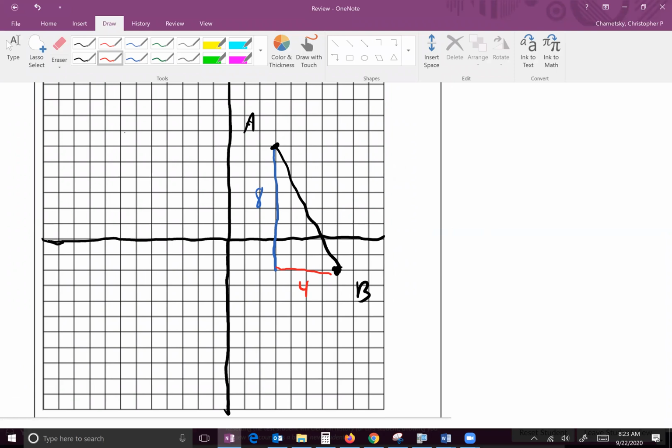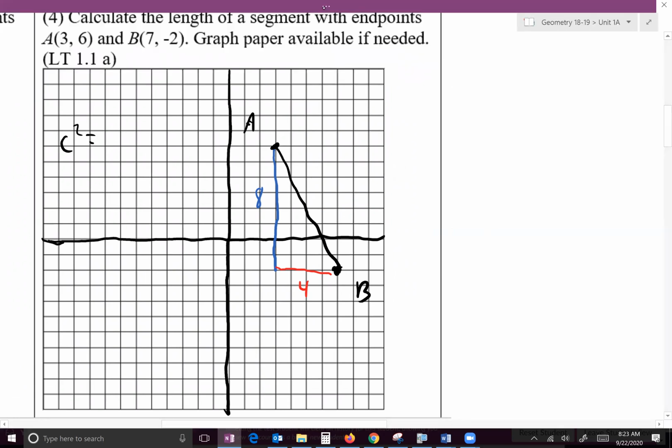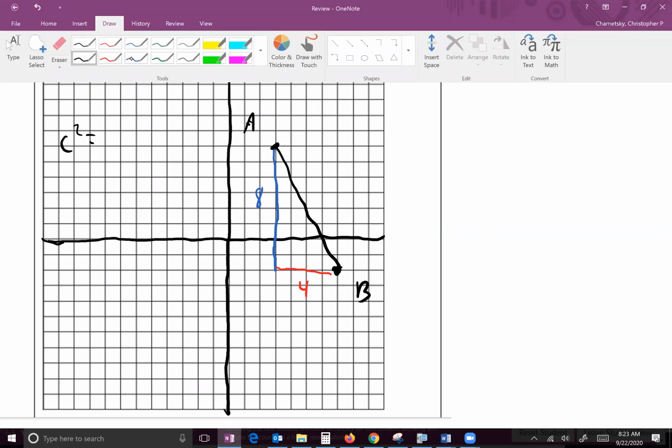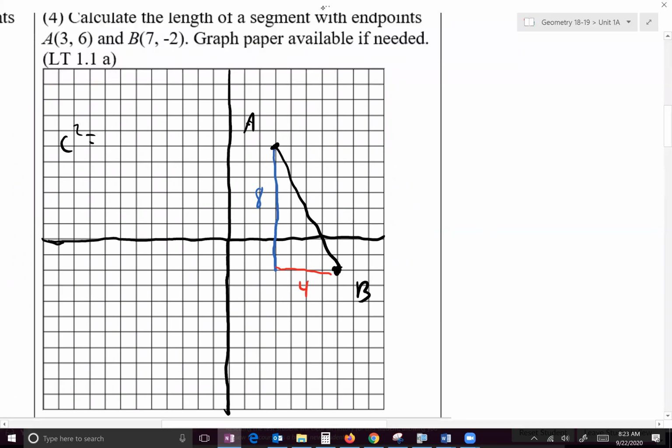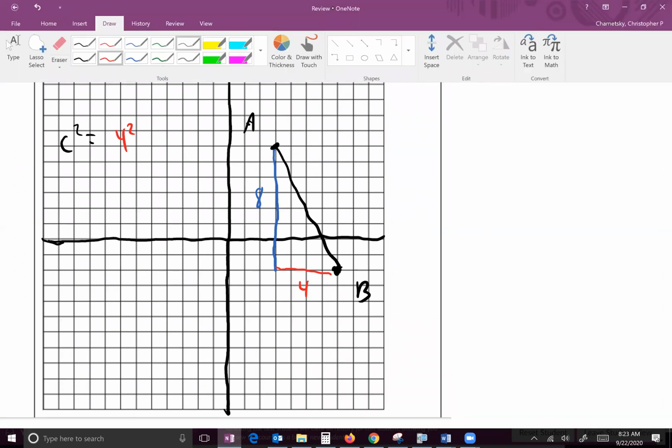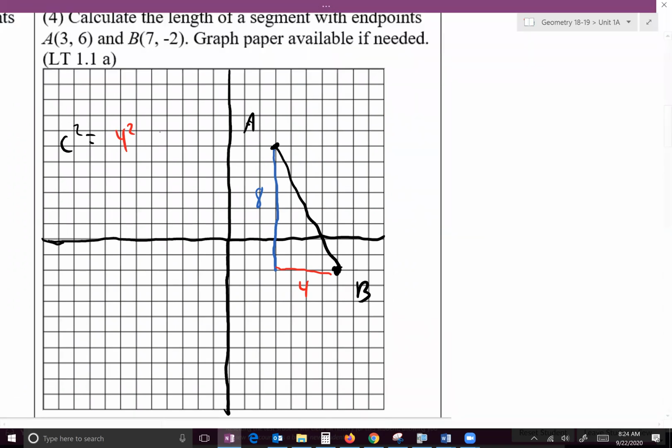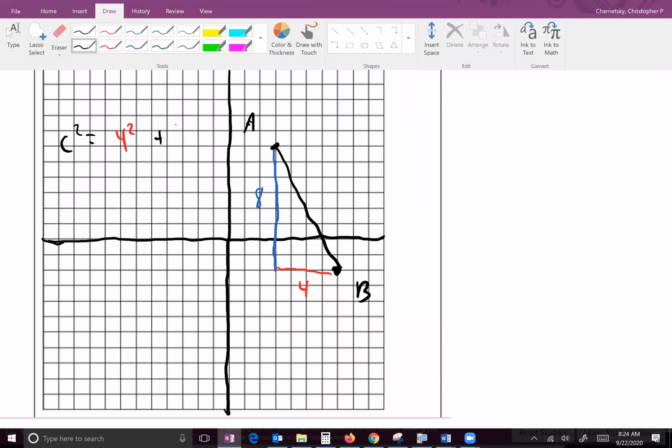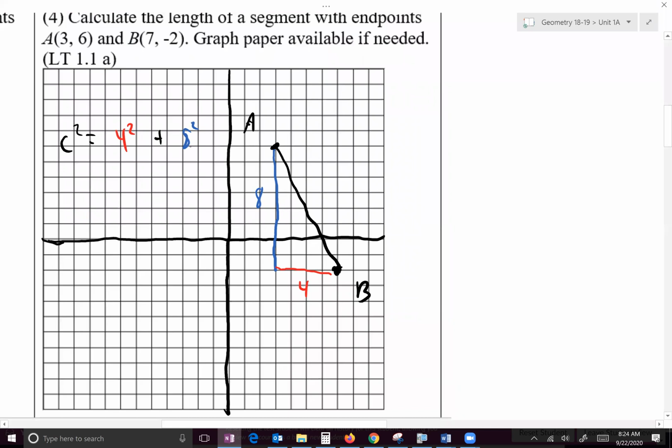Pythagorean theorem. 4 squared plus 8 squared. The other thing good about Pythagorean theorem, it doesn't matter if I mix these two numbers up, I'm still going to get the right answer. So there's a lot less to mess up.